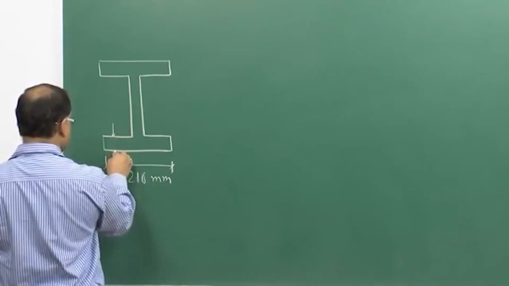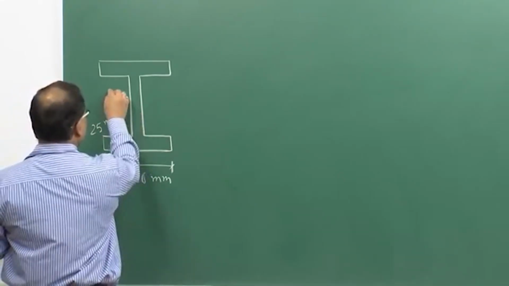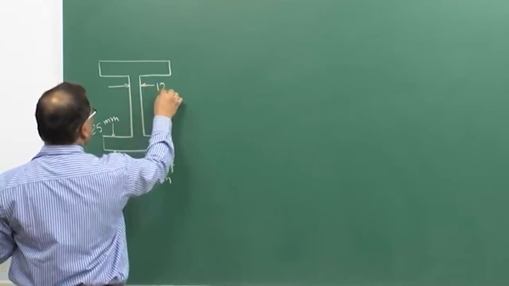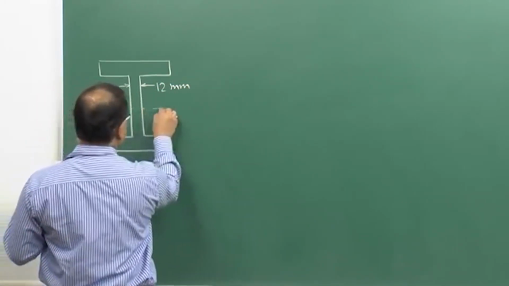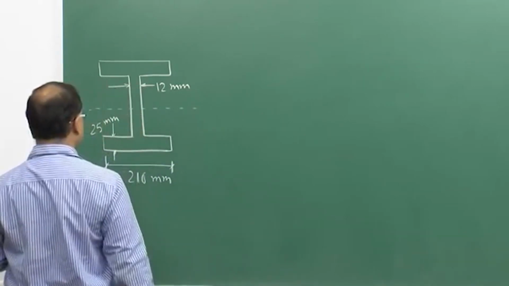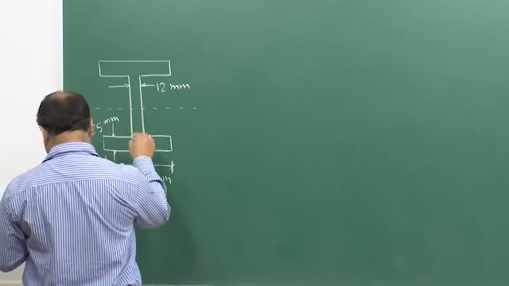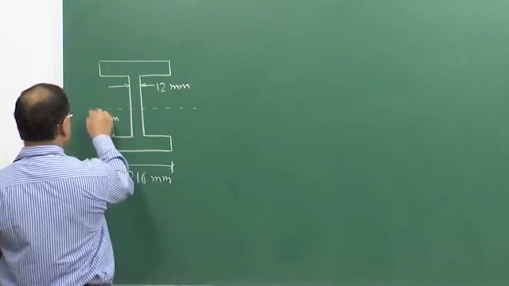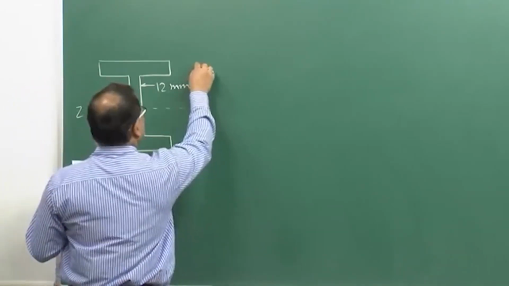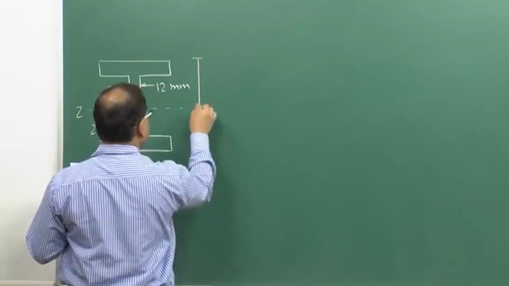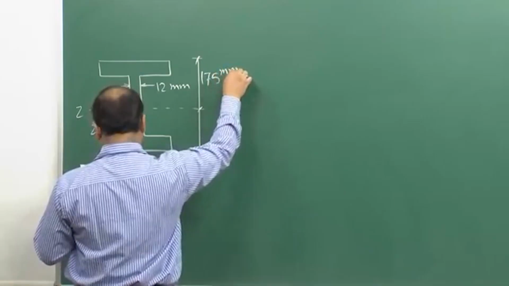This thickness is 25 millimeter, this thickness is 12 millimeter, this is the centroid of the I beam, that is your Z axis, and this is 175 millimeter.